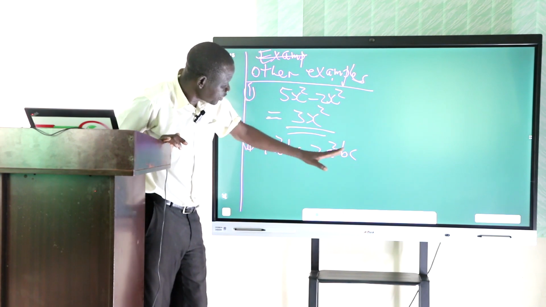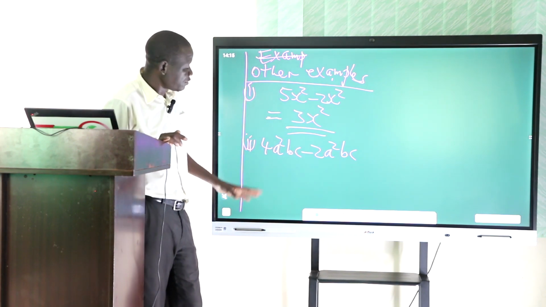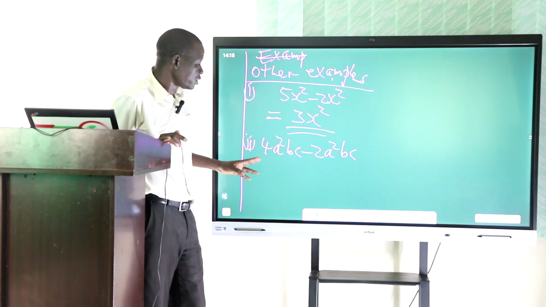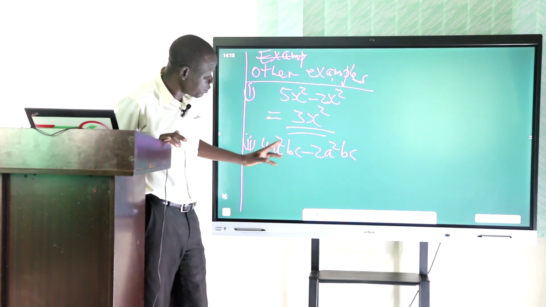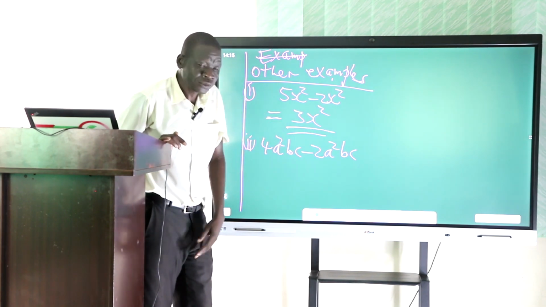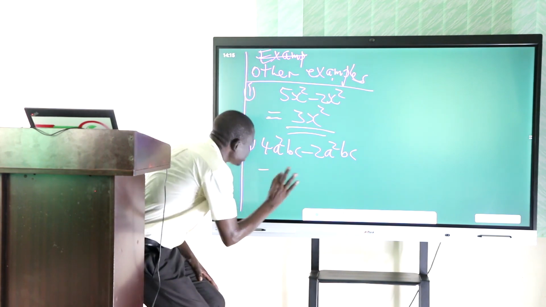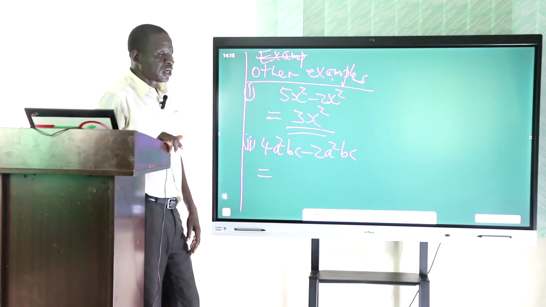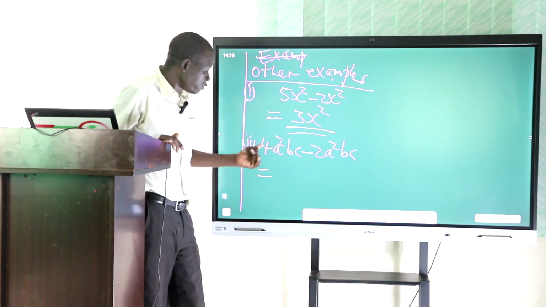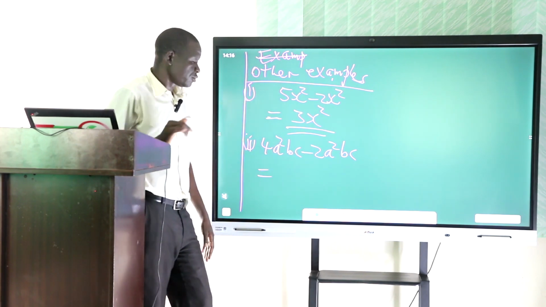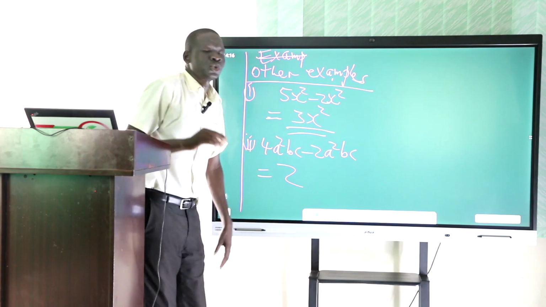It is only the coefficients which are different, but the variables are the same. That is to say, a squared bc. So we just subtract the what? The coefficients. And here we shall say 4 minus 2. 4 minus 2 gives us 2.